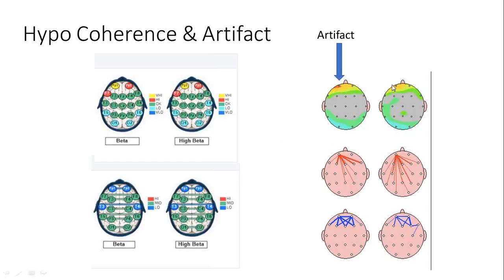So here's an artifact, and this is in fact a NeuroGuide, and if you look down here, here's the hypocoherence. That is a function of this artifact. So when you have beta artifact, it destroys the coherence, just obliterates the validity of it.